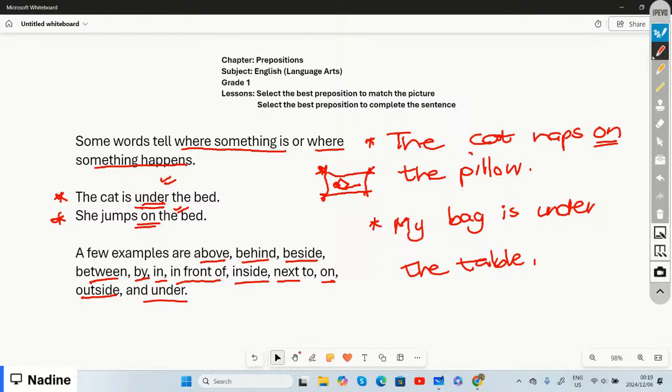We need to identify the preposition within that sentence. Which one is our preposition? And if we were to identify our preposition, then yes, under, well done. It tells us where the bag is.